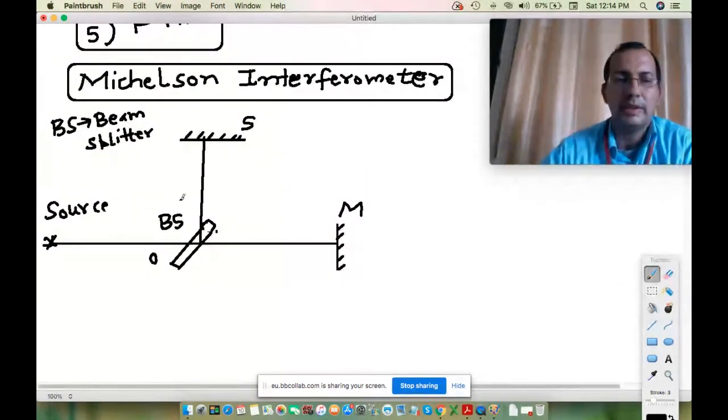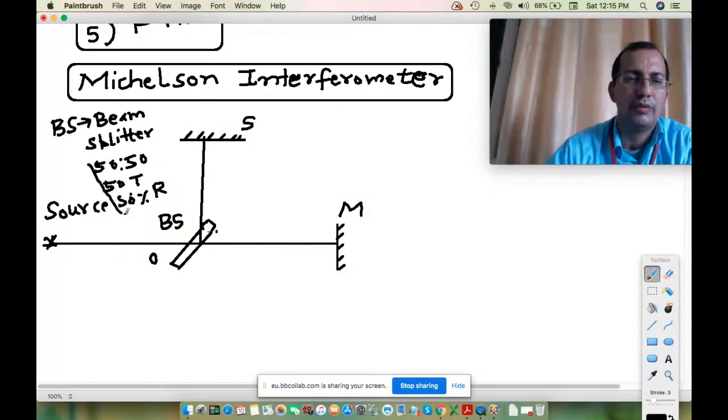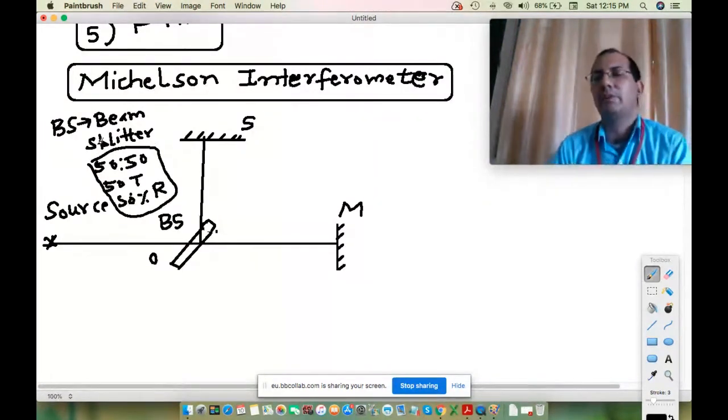So sometimes we say that it is a 50-50 beam splitter. What does it mean? That 50% of light will be transmitted, and 50% of the light will be reflected. So somehow we define these beam splitters like this. You can have many other beam splitters.